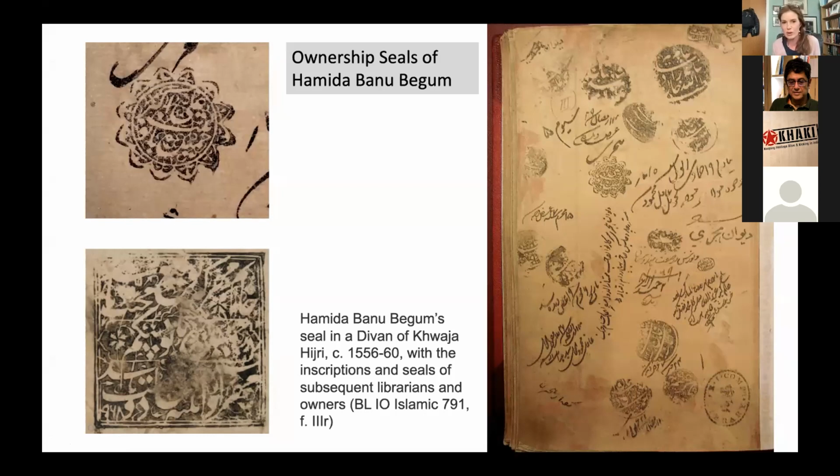So I think in total there are 13 manuscripts that we know were in Hamida Banu's library. And this Divan of Khwaja Hidri in the British Library, you can see her seal of ownership here. And then there are other later seals of ownership. Around 1560, she had a square seal made, and her later manuscripts that were in her ownership, not necessarily later in date, but later in her ownership, have this square seal here.